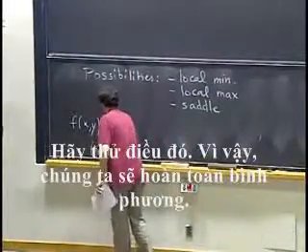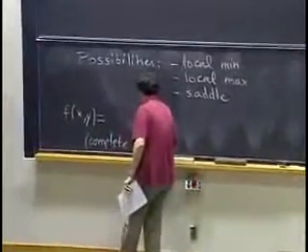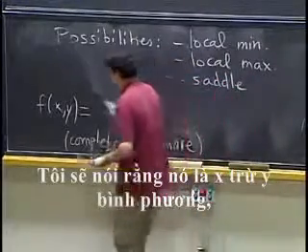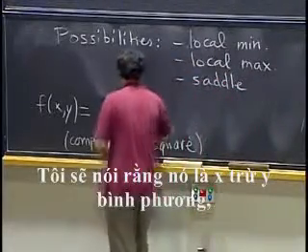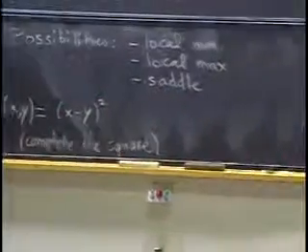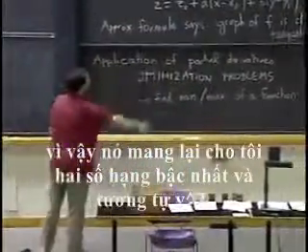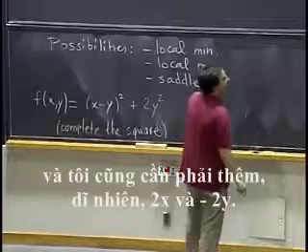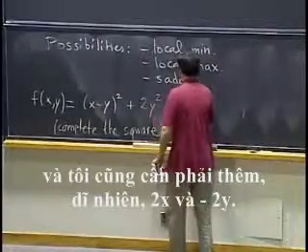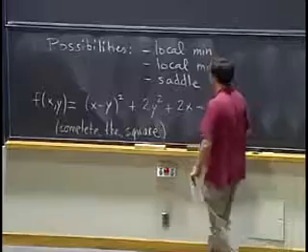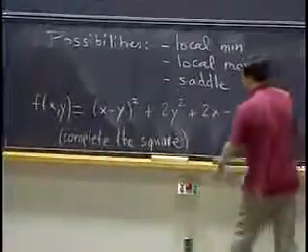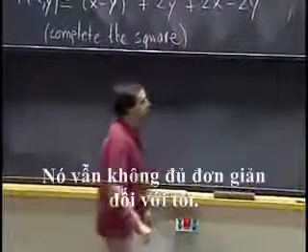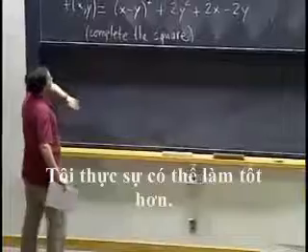We're going to complete the square. I'm going to say it's (x minus y) squared, which gives me the first two terms and also a y squared. I still need to add two more y squared, and I also need to add, of course, the 2x minus 2y. It's simpler, but still not simple enough for my taste. I can actually do better.